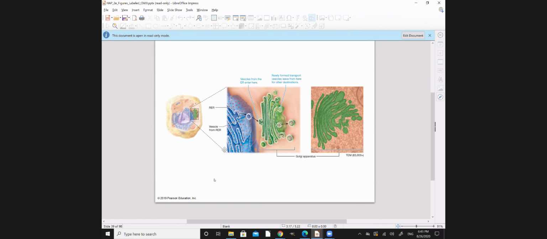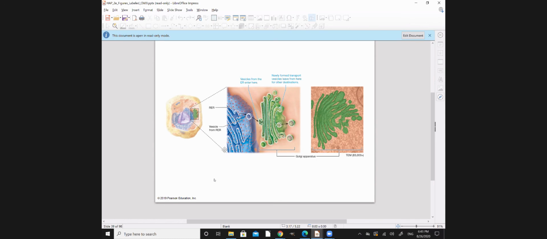The Golgi apparatus is very similar in structure to the endoplasmic reticulum, but the function is different. The endoplasmic reticulum stores stuff and pumps it out into the cytosol, does detoxification reactions, and also does some lipid synthesis.